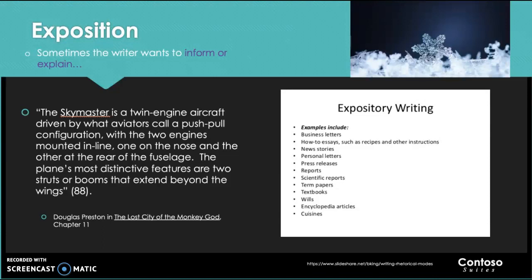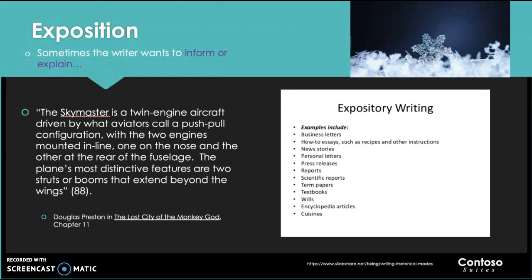It's about recipes and how to fix a car engine and any kind of report that you have to write, especially scientific reports, right? These are all expository texts. And here's a little bit of an expository text from Chapter 11. The Skymaster was a twin-engine aircraft driven by what aviators call a push-pull configuration.